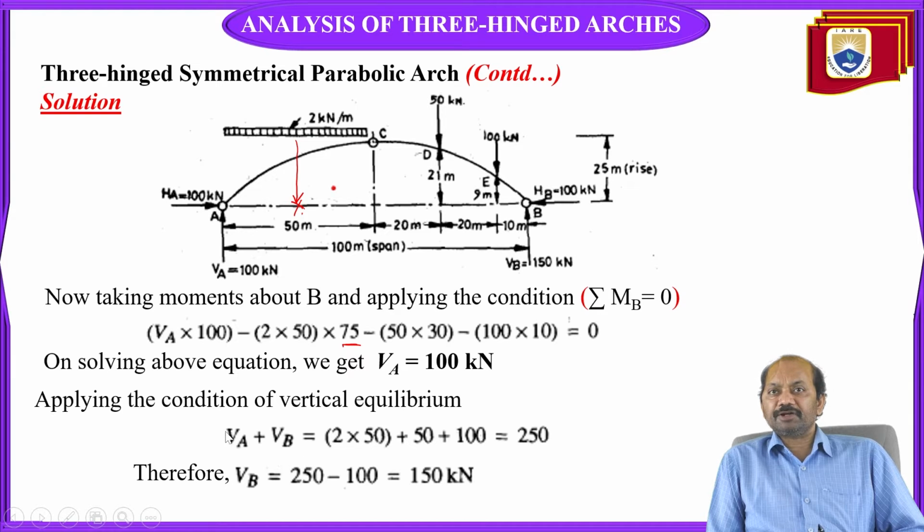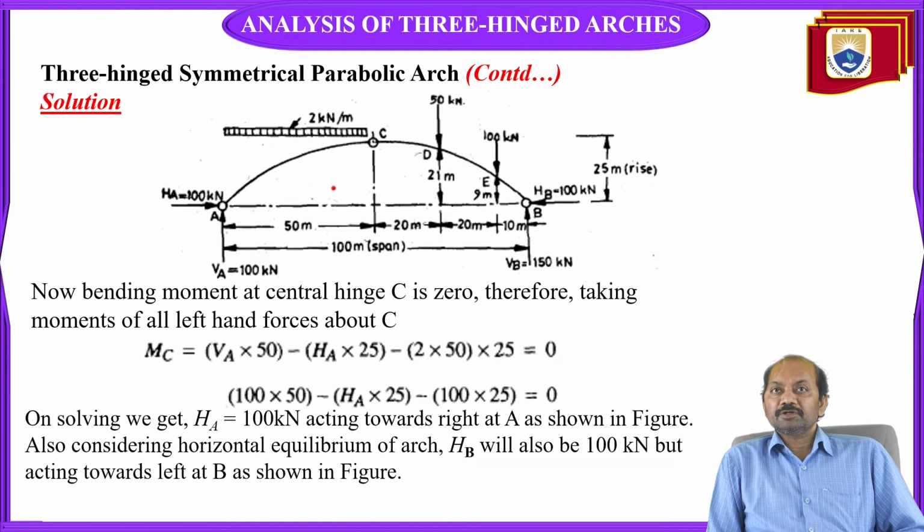We already know the value of VA, so substituting it, we get VB is equal to 250 minus 100 is equal to 150 kilonewtons. VA is equal to 100. So here it is written as 150 kilonewtons. Similarly, now what is left?